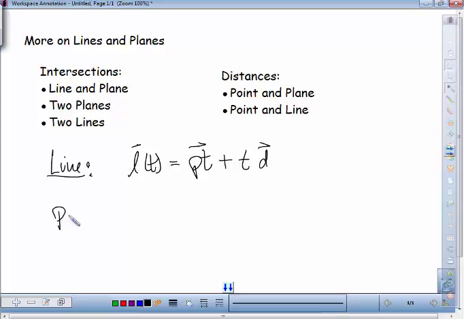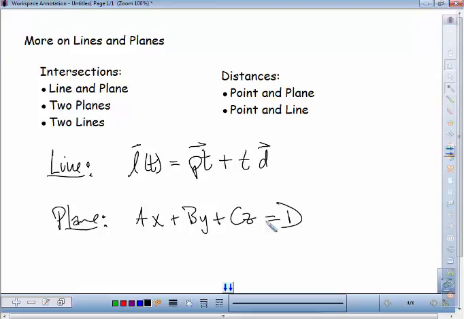And then a plane is most often written in scalar form with x, y, z. And then we have the constant d, which was found by taking the dot product of the normal and some random point on the plane.